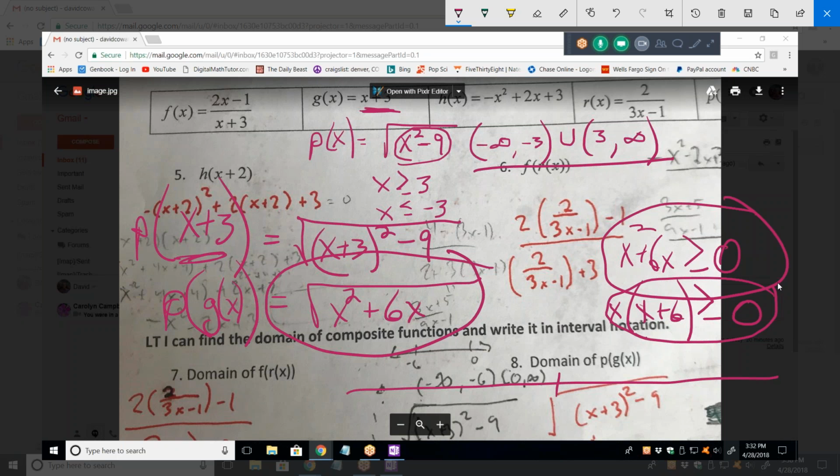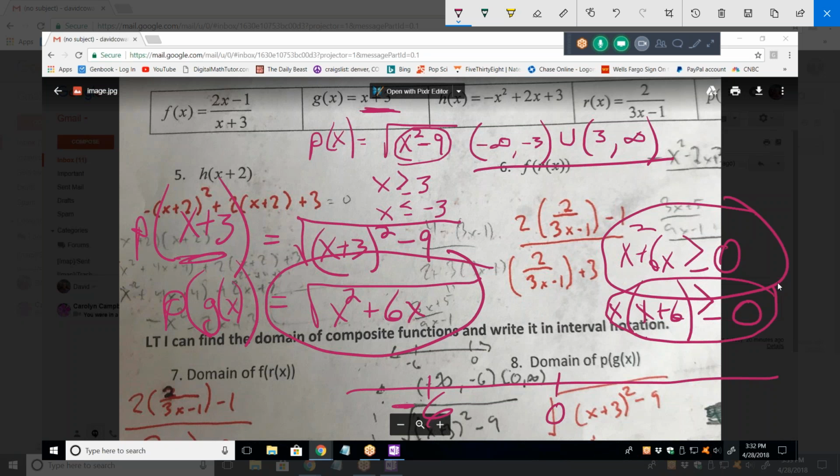It's not 6, it's negative 6. In other words, it's whatever makes these things 0. Those are your critical points. If x is 0, that thing is 0, and if x is negative 6, that thing is 0.